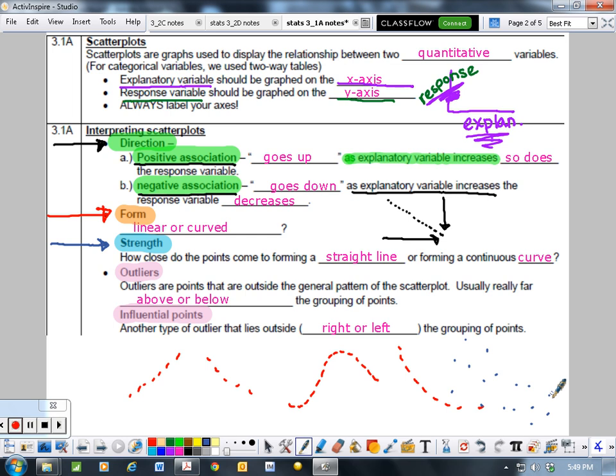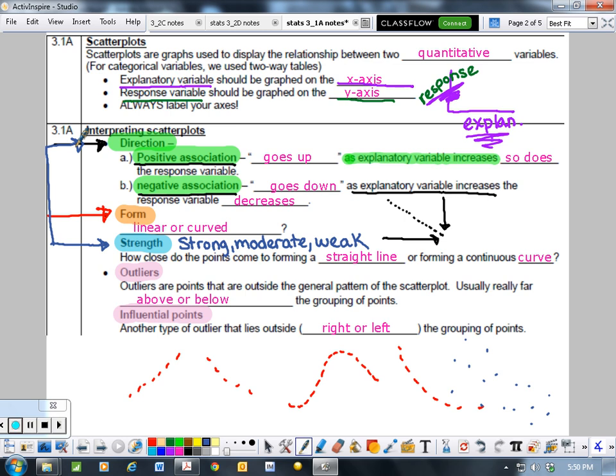So words that we tend to use with strength are strong, moderate, or weak. And we use those in regards to direction. So we may have a strong positive association, or a moderate negative association, or a weak positive association.